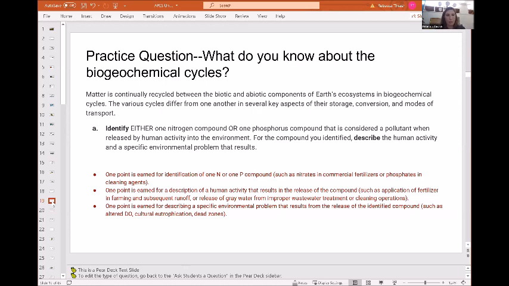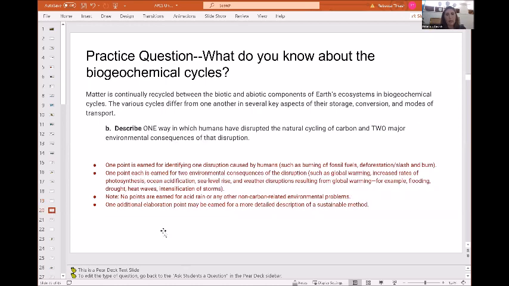But then for the last part, part B, this was talking about the cycling of carbon and major environmental consequences of that. Most of you guys did talk about things like deforestation, burning of fossil fuels. That is what you want to do on these free response questions. Just saying humans release excess carbon? That's true.